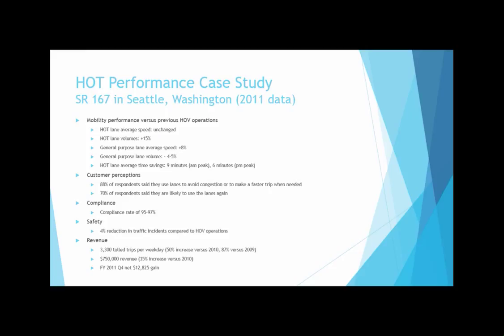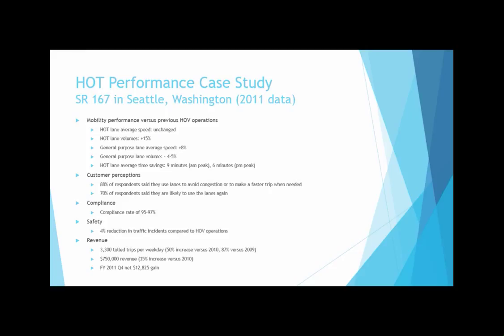So the average lane speeds they compared to the previous operations, which were HOV operations. The average lane speed was unchanged at around the speed limit. The volumes had increased by 15%. The general purpose lanes that were adjacent to the HOT facility had an average speed increase of 8%.